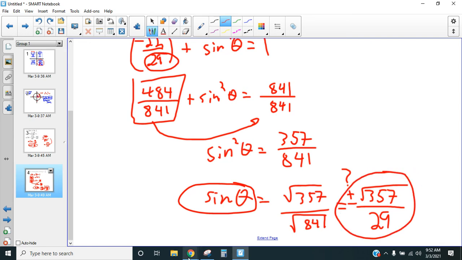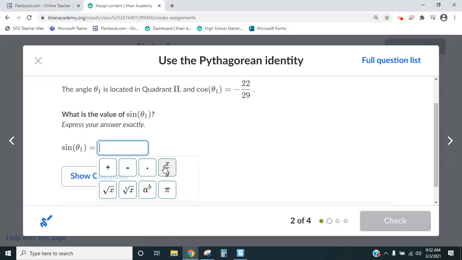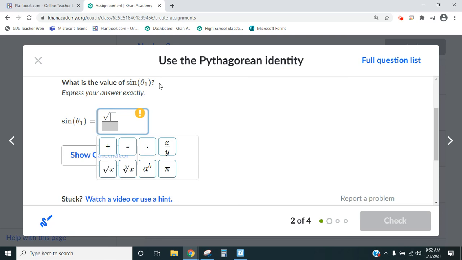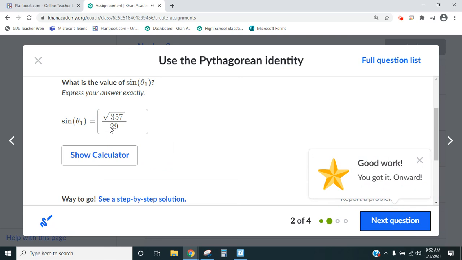The positive version. So here we go. Hit this first. This will be helpful. And then on the top, hit that thing. It was 357. Wow. 29. All right. Bingo. All right. Don't forget your answers can be negative, right? We just had 2 positive ones. Let's try this one out.